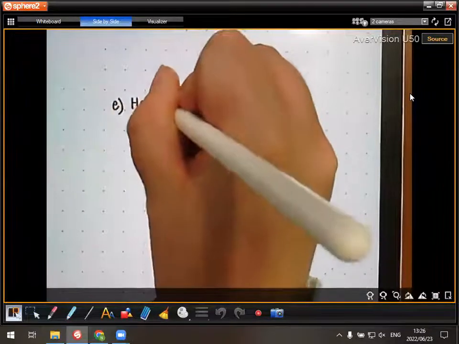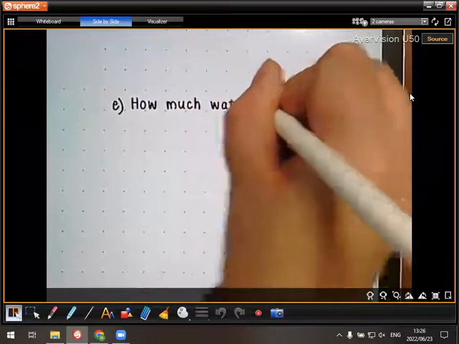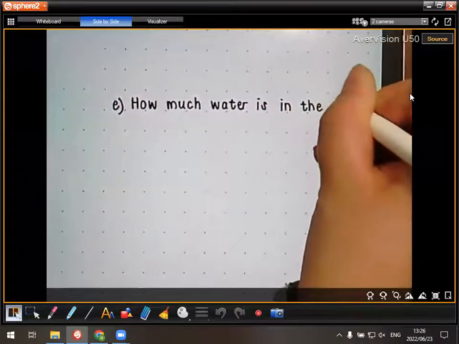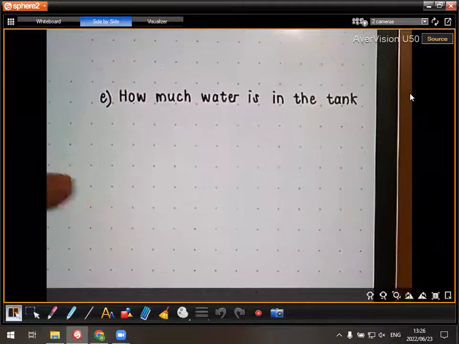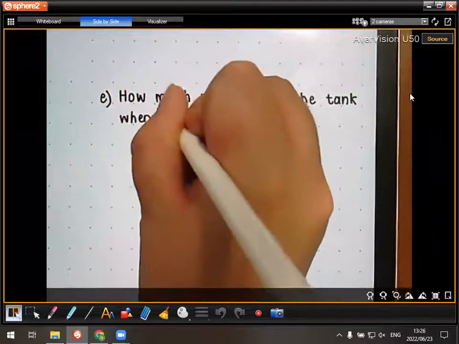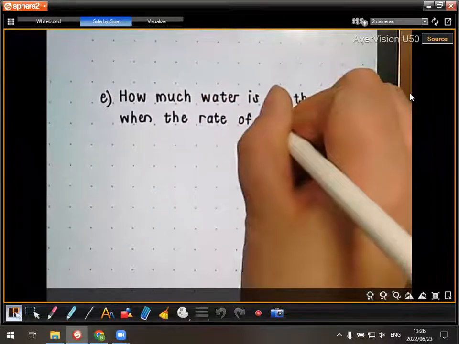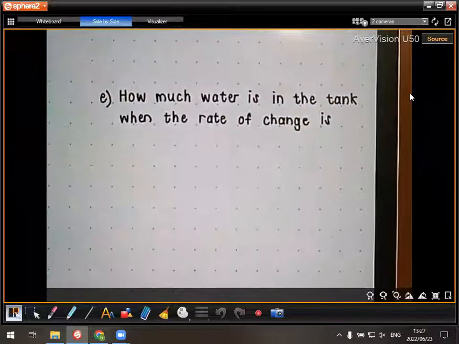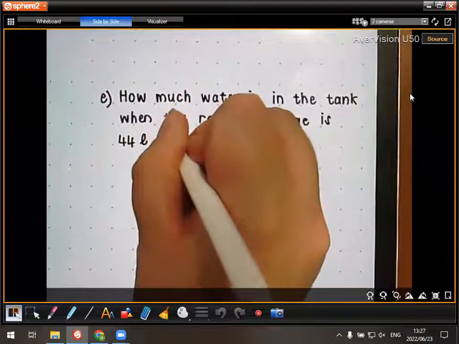How much water is in the tank when the rate of change is 44 liters per minute.